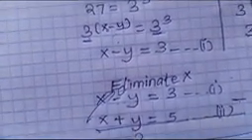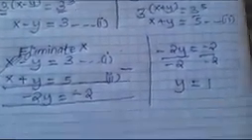This gives us negative 2y, which is equal to 3 minus 5, gives us negative 2. So now we have negative 2y is equal to negative 2. So I'm going to divide both sides by negative 2 to remain with y is equal to positive 1. So the value of y is equal to 1.